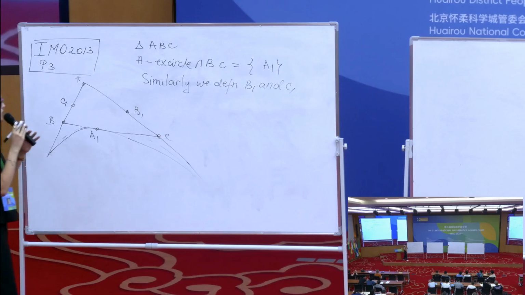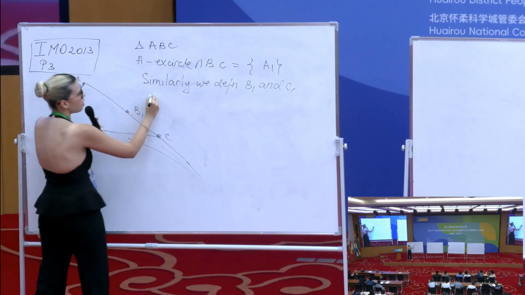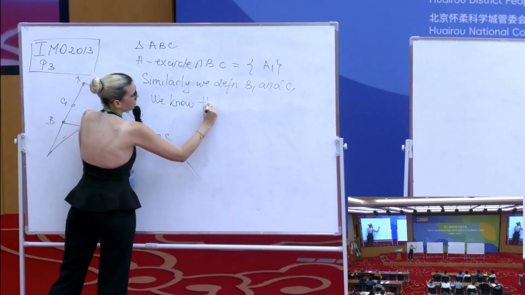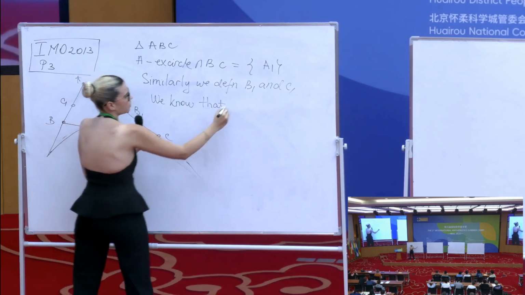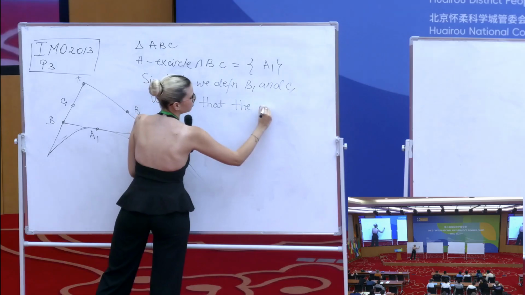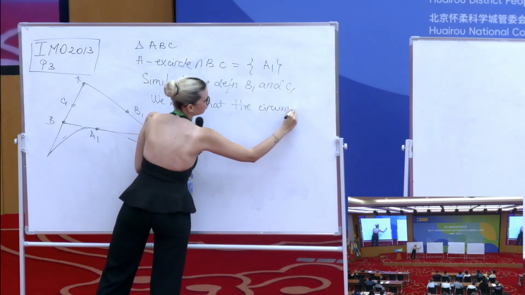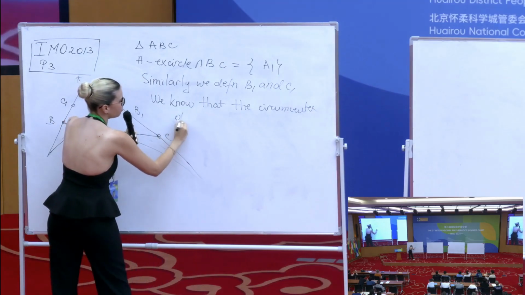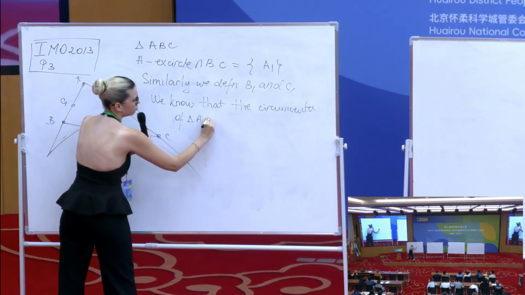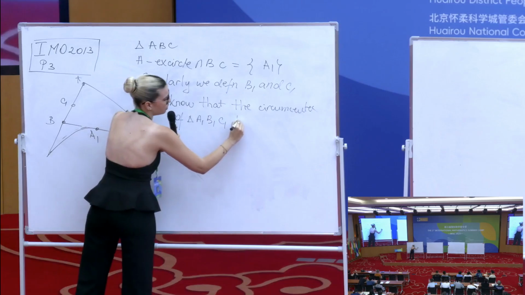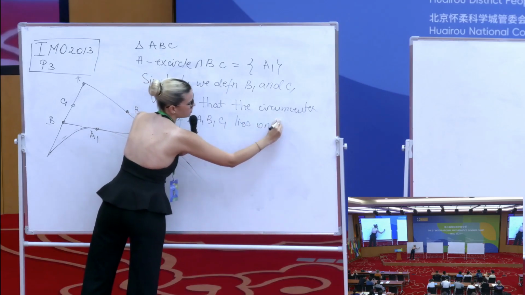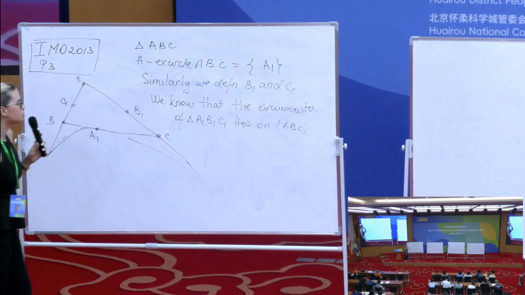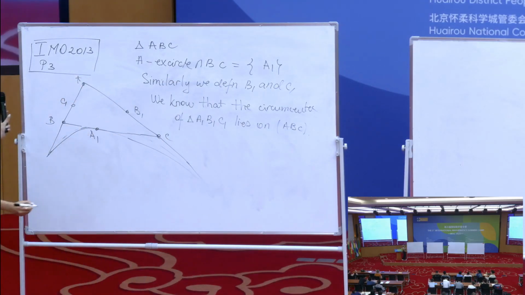We know that the circumcenter of the triangle A1B1C1 lies on the circumcircle of ABC.